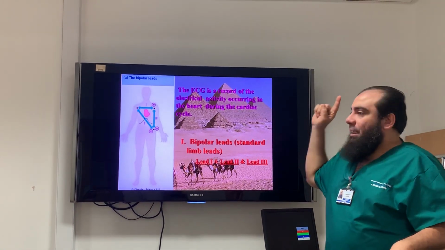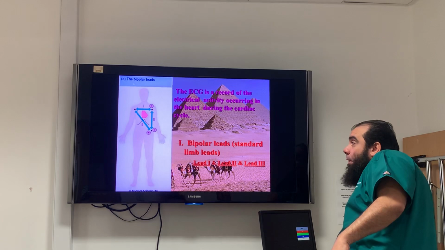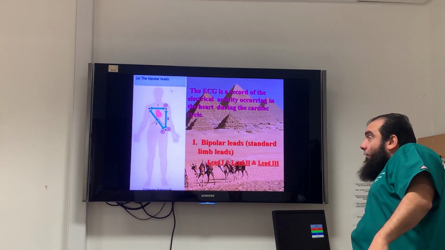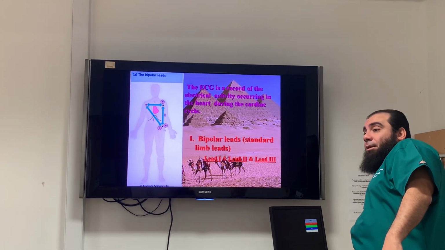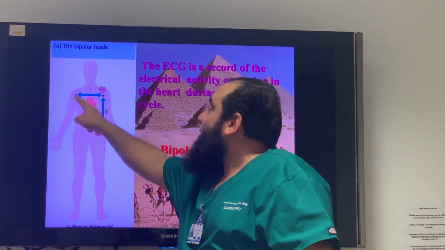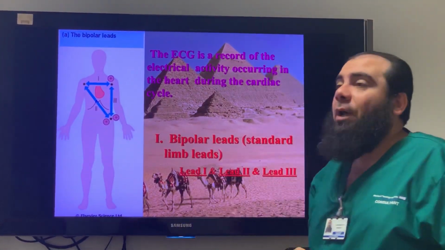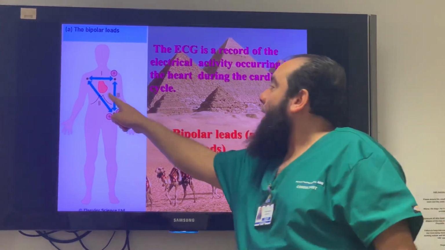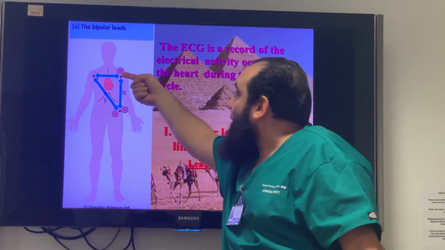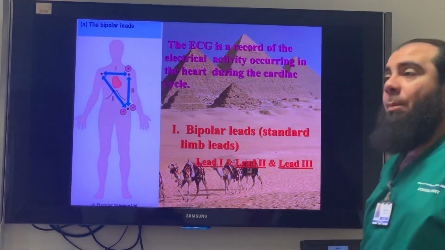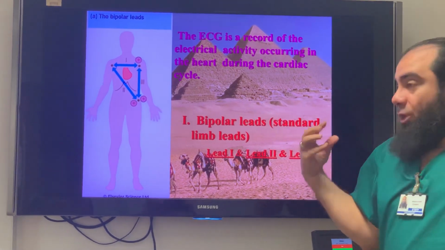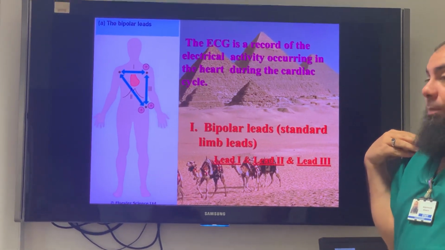For instance, we attach here the right shoulder, left shoulder, and left leg. Assessing the electrical potential between the right and left shoulder gives us lead 1. In the same way, between the right shoulder and left leg gives us lead 2, and the potential between left upper and lower gives us lead 3. So with the electrical potential here and there, one of them will be positive relative to the other.